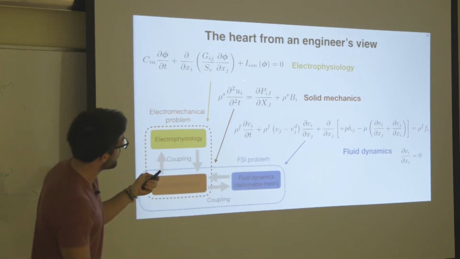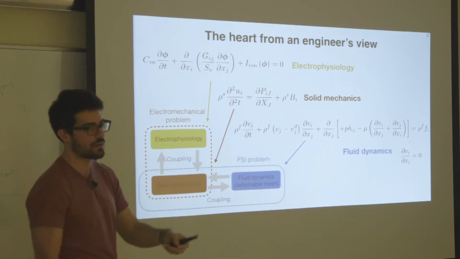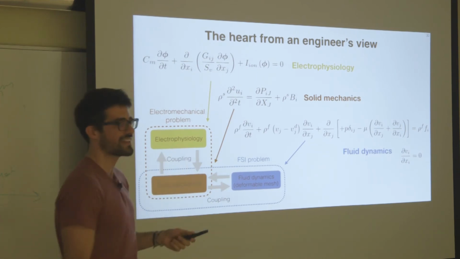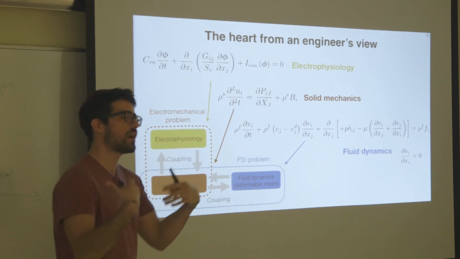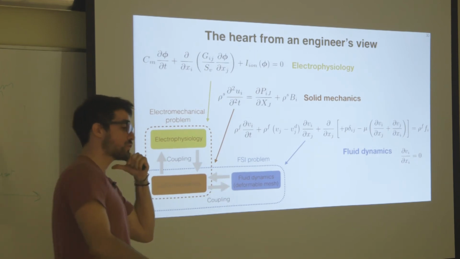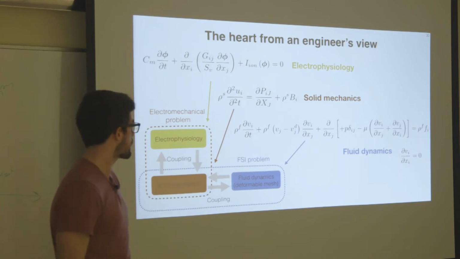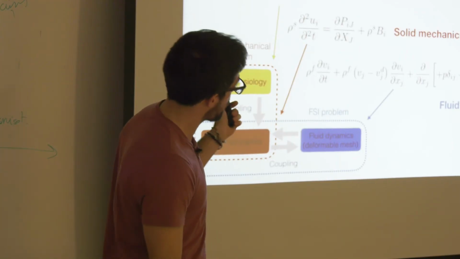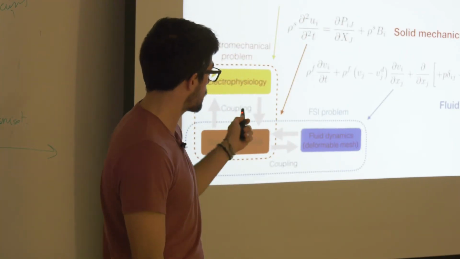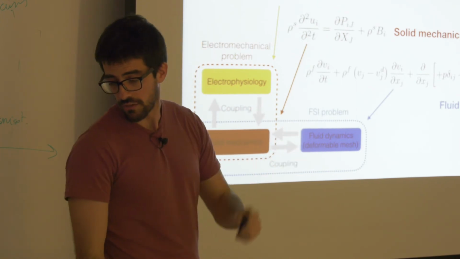And you have this other part, technically called the reactive term, that is the reaction of the cells due to the incoming potential from the neighbor cells. So this is basically the mathematical problem that we are solving: electrophysiology, solid mechanics, and fluid dynamics.